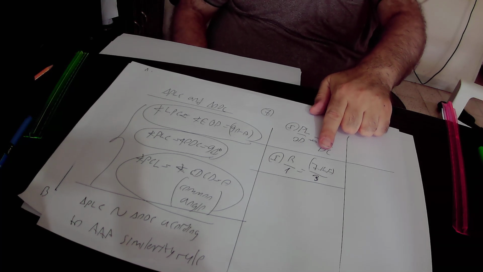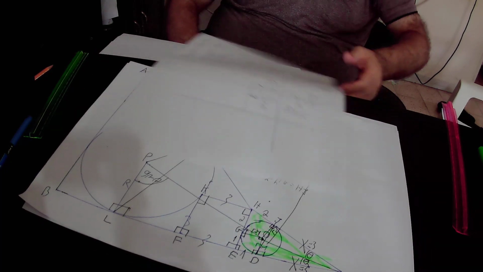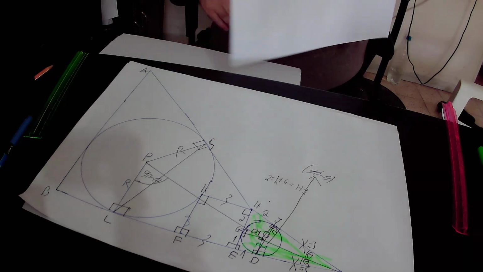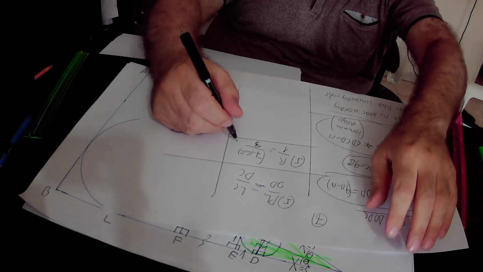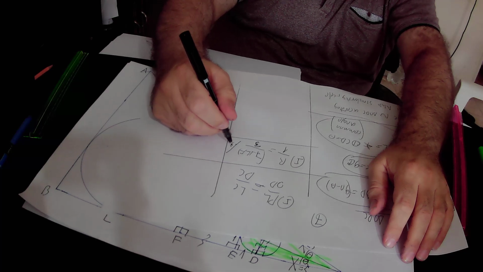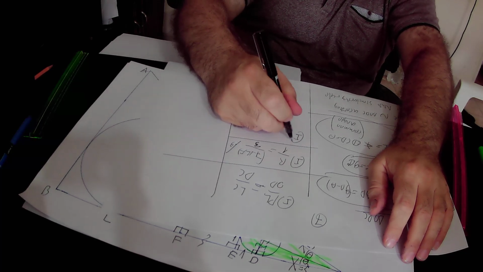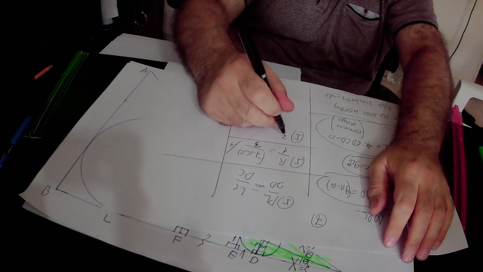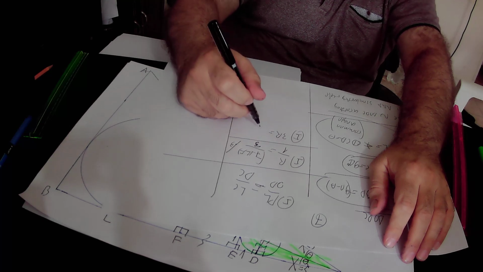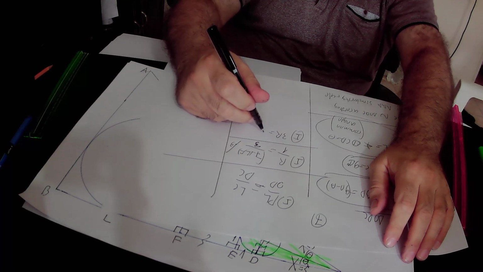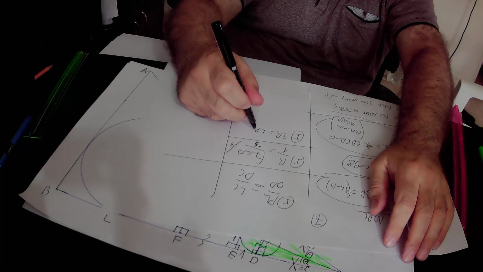We multiply equation number 1 by 3, and we get that 3R equals LF plus 7.